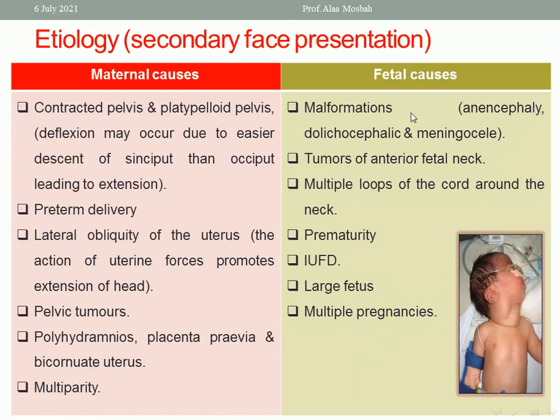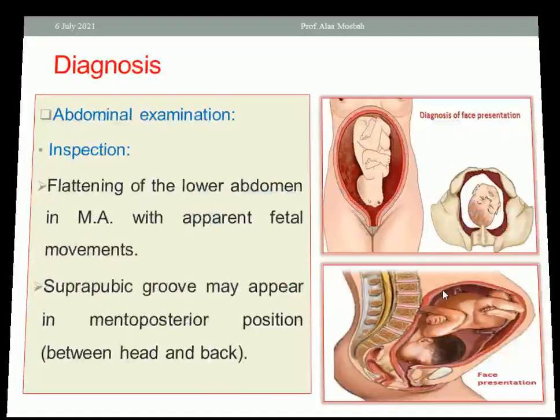As regards the fetal causes, as we mentioned before, anencephaly, dolichocephaly and tumor of the anterior fetal neck, multiple loops of cord around the neck, intrauterine fetal death, premature baby, large fetus, or multiple pregnancies.